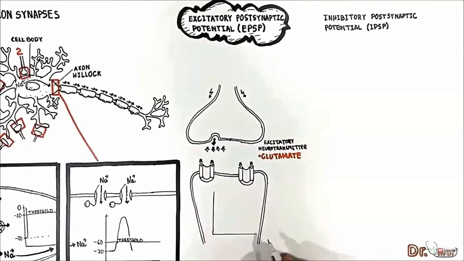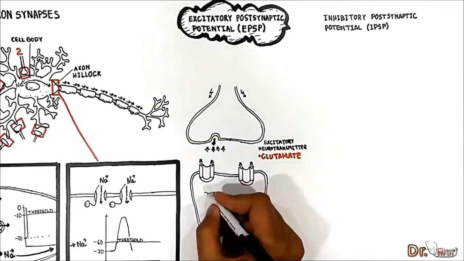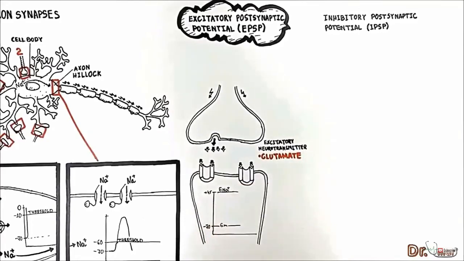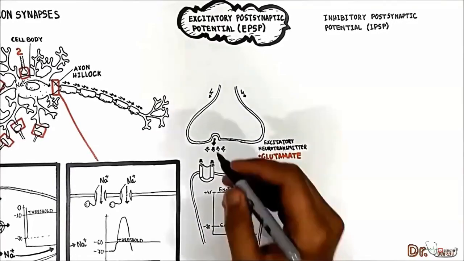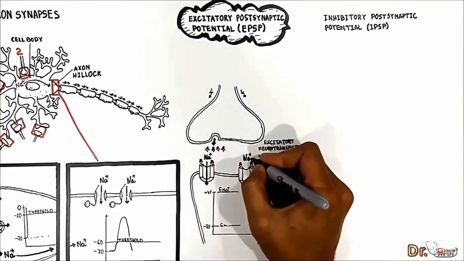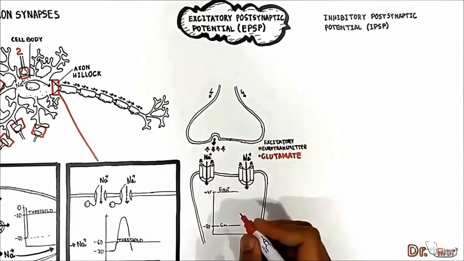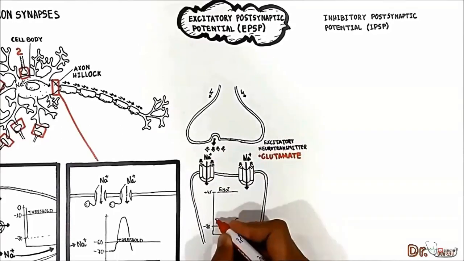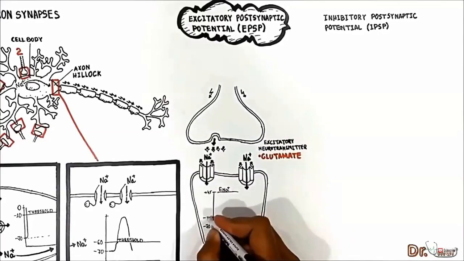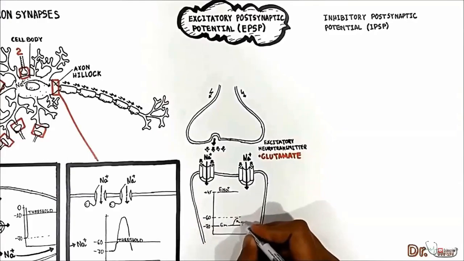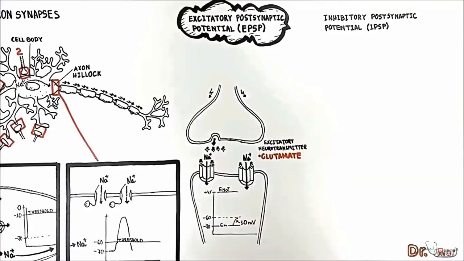Because of the net force, sodium influx dominates over potassium efflux. The sodium influx, let's suppose, makes the membrane potential less negative, perhaps to negative 60 millivolts. This 10 millivolts of depolarization is called excitatory postsynaptic potential.